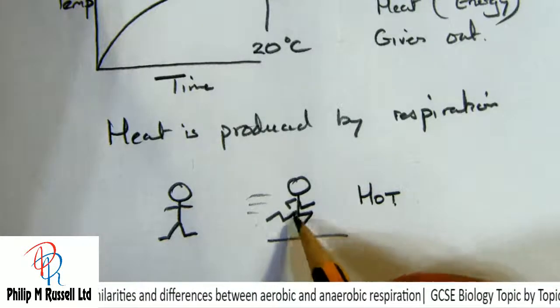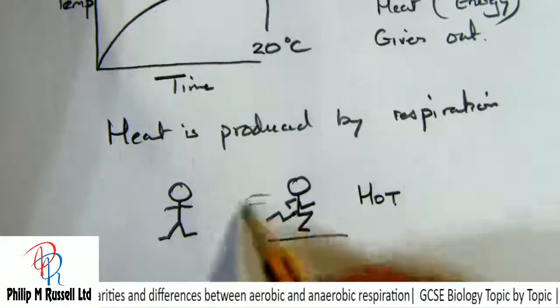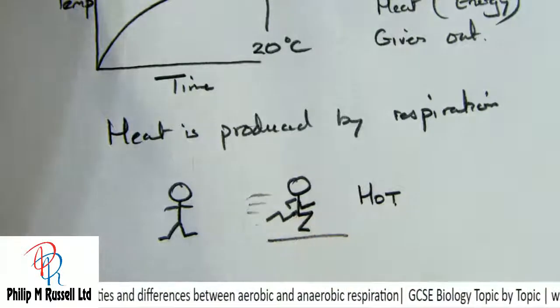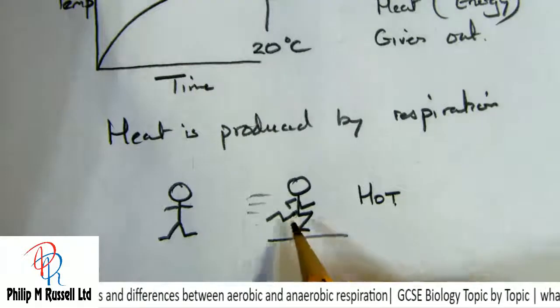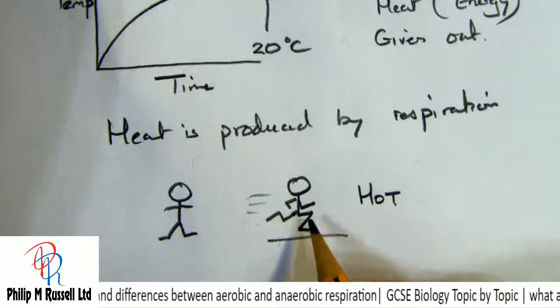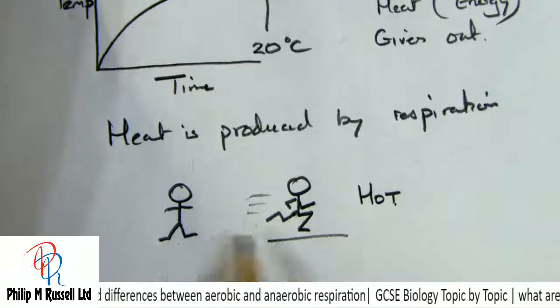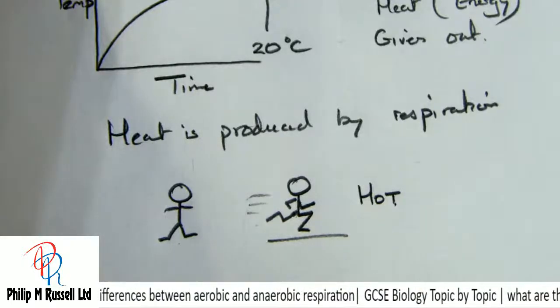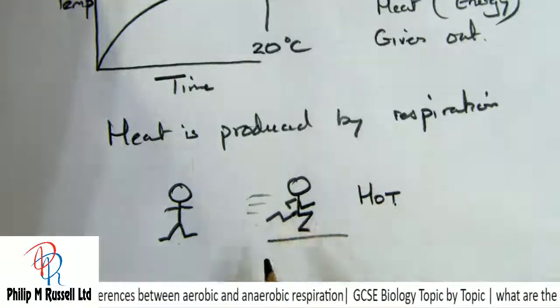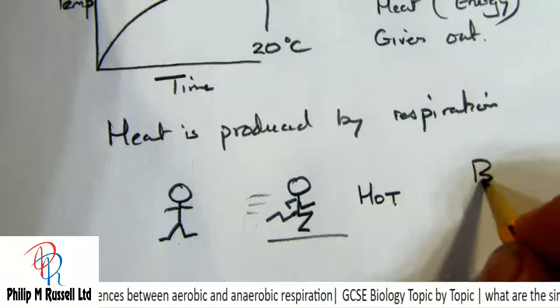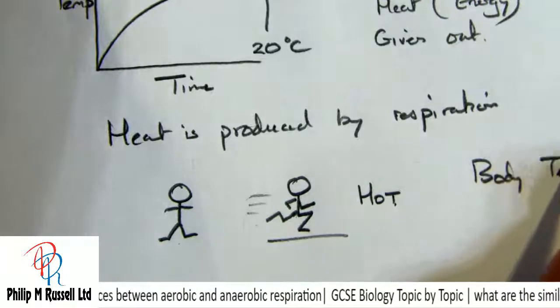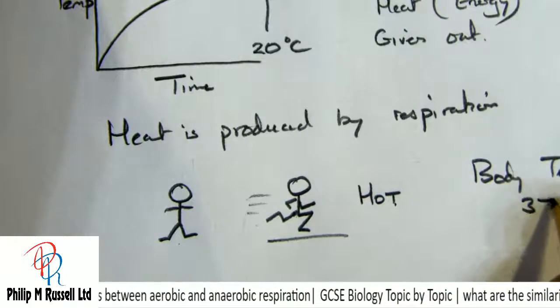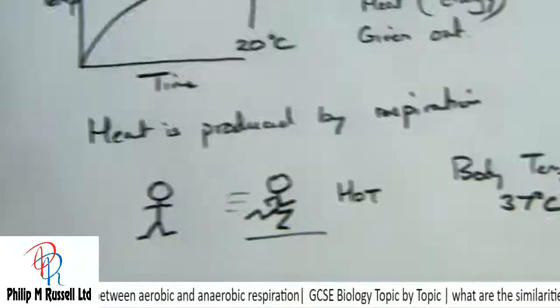And this is how we can sort of measure respiration, that we actually do get rather hot when we're trying to do this. But normally you're going to get hot, and we use the heat from respiration to keep the body temperature at 37 Celsius.